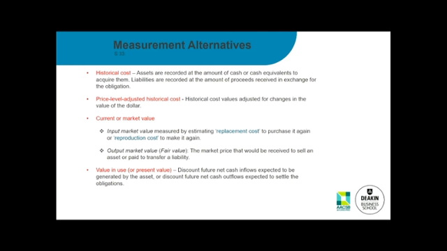And that will give us a value in use, which we can then compare to the carrying amount, and if it is significantly less, then we would need to write down our asset to the value in use, and the write down would be called impairment, which we'll talk about more in a later lecture.